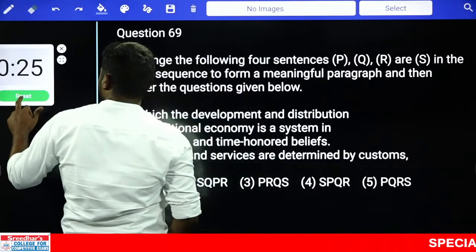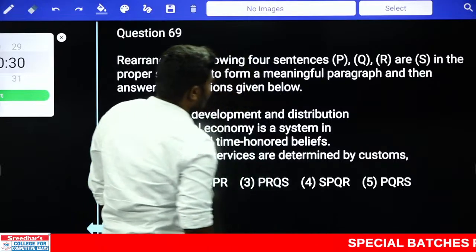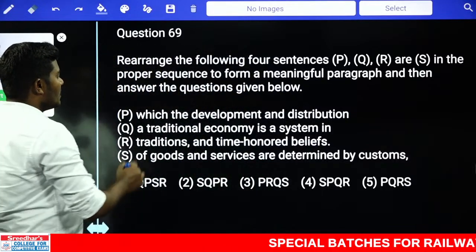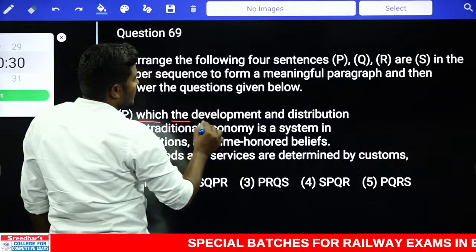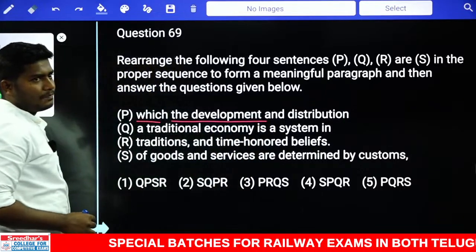Let us check with this. Look at this combination, which the development and distribution.